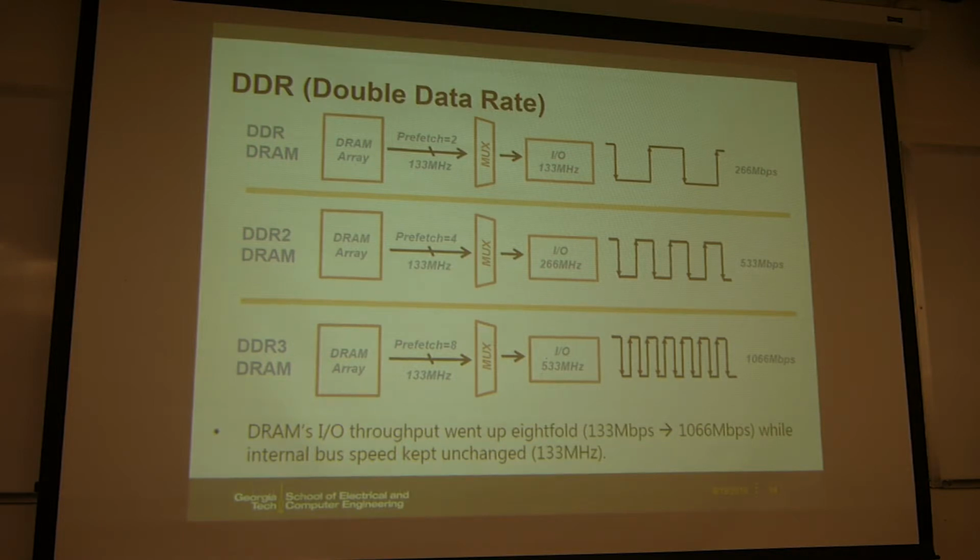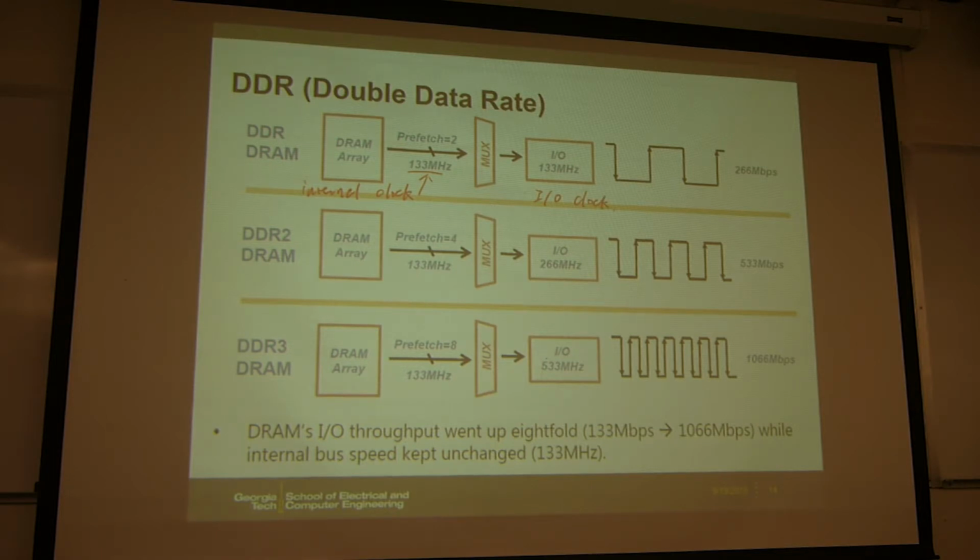So within the DRAM array or DRAM bank, we have this internal clock. And this internal clock frequency is limited by the DRAM access latency. In this example, this internal clock frequency is 133 megahertz. And then as the I/O, there's another clock, which is the I/O clock.